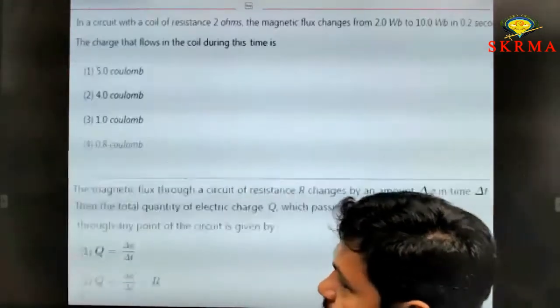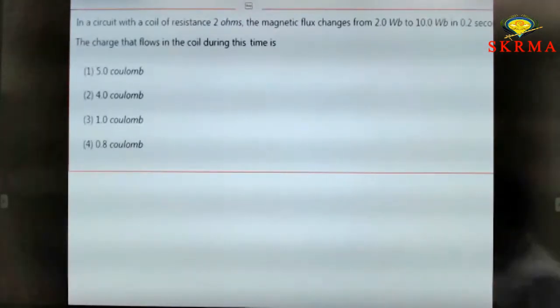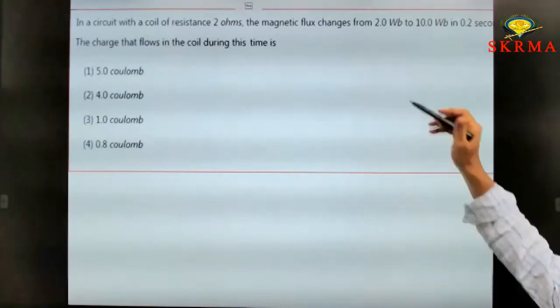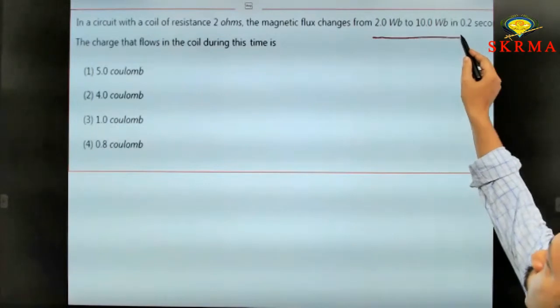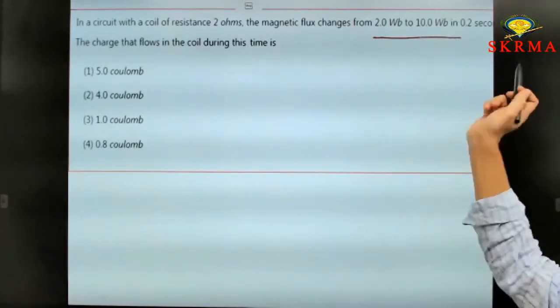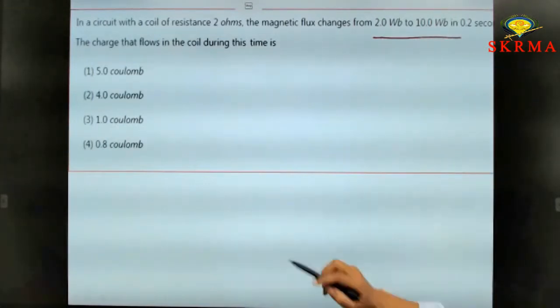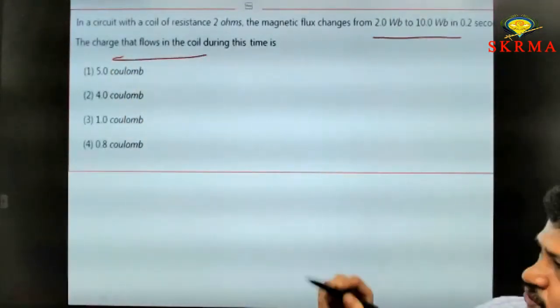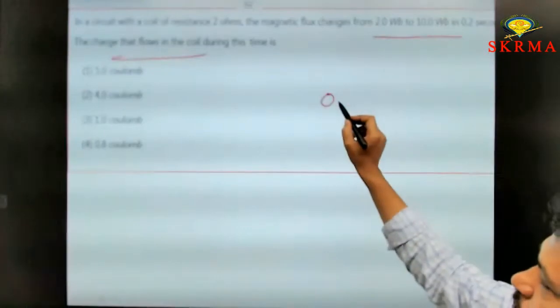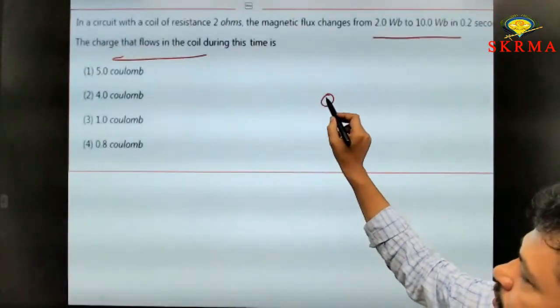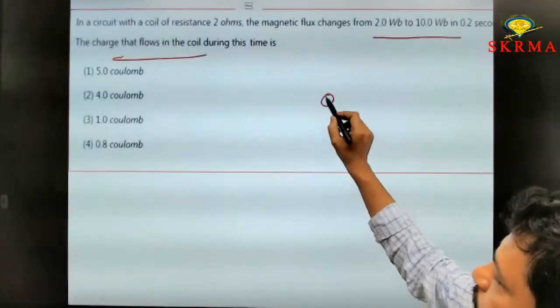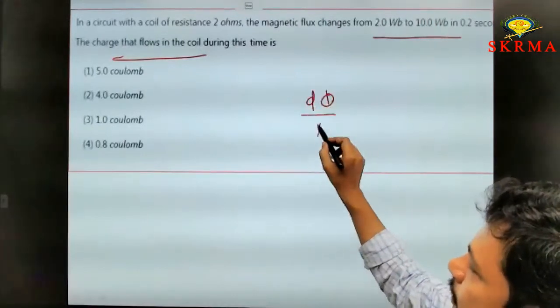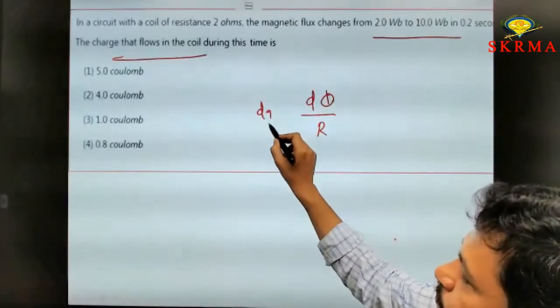The next one is, in a circuit with a coil of resistance 2 ohms, the magnetic flux changes from 2 Weber to 10 Weber in 0.2 seconds. What is the charge flow? We have to calculate the charge. What is the equation for charge? d phi by R is the charge dq.